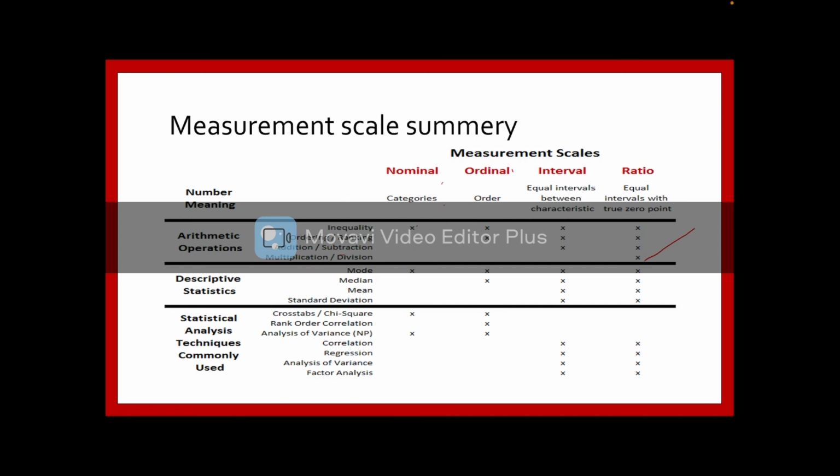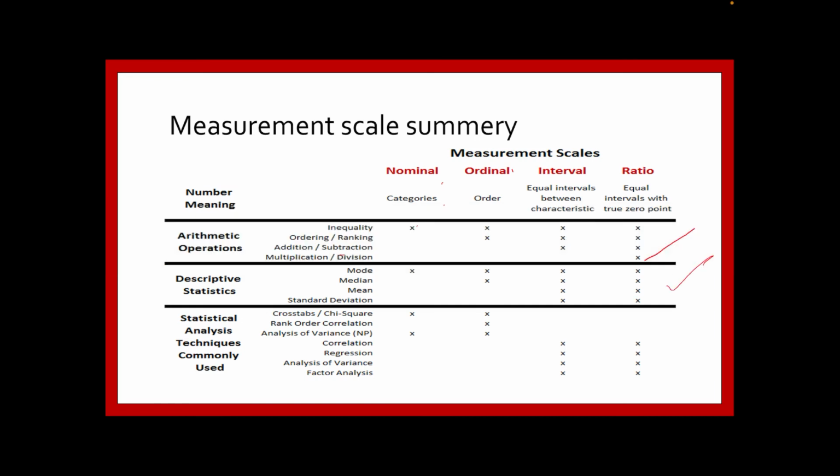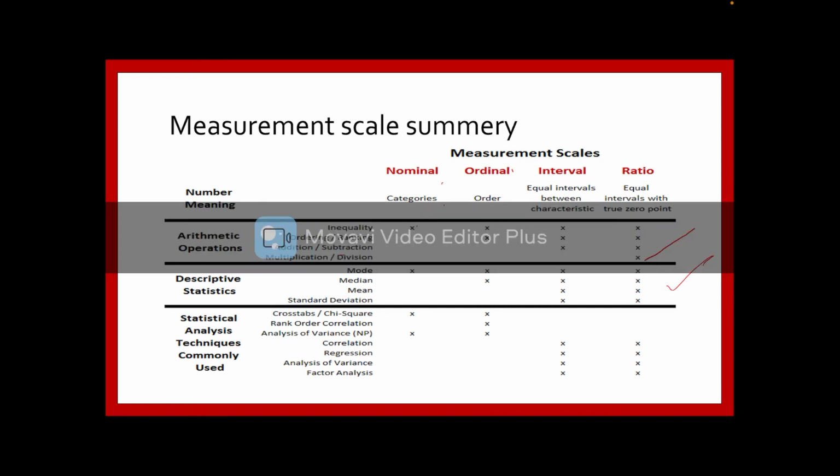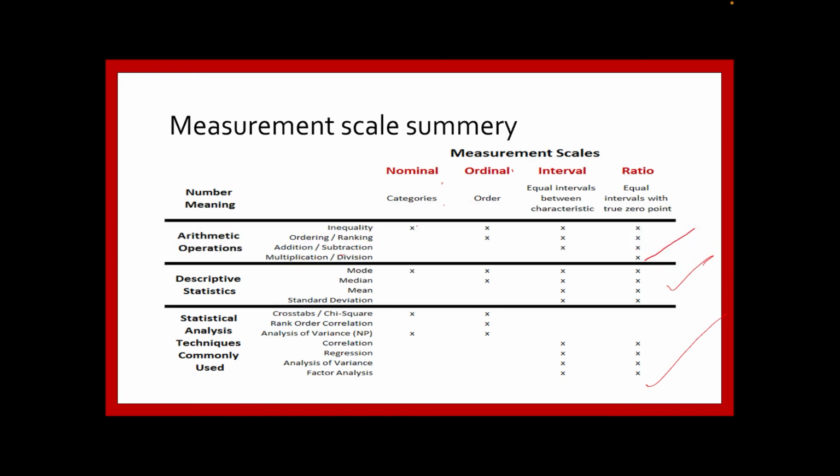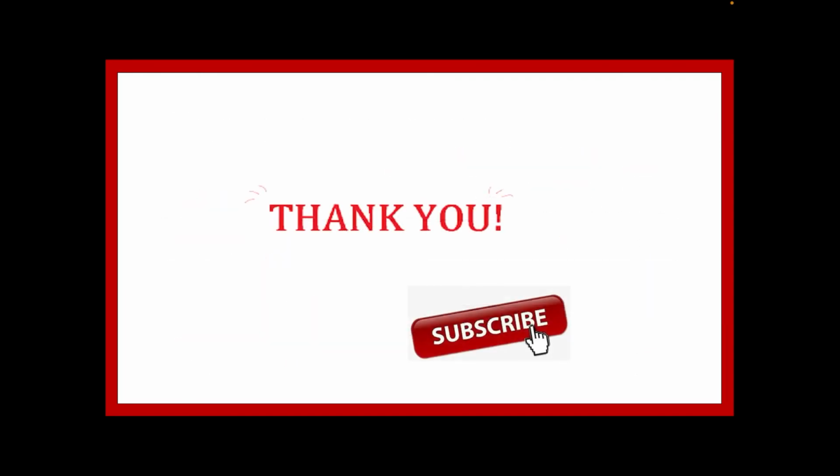So this is the chart of what kind of values we can use in descriptive statistics, and what kind of analysis techniques, like crosstab, chi-square, rank order correlation, analysis of variance, correlation, regression, factor analysis, can be used with these particular kinds of variables. So this is the summary chart which we will keep discussing in further presentations.